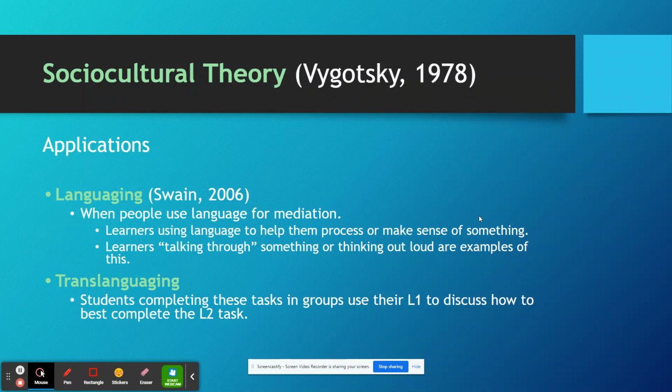Swain developed this concept by watching students work in groups to complete L2 activities such as writing tasks. She observed that students used language to help each other and that this often involved a discussion about the language and its rules or features.